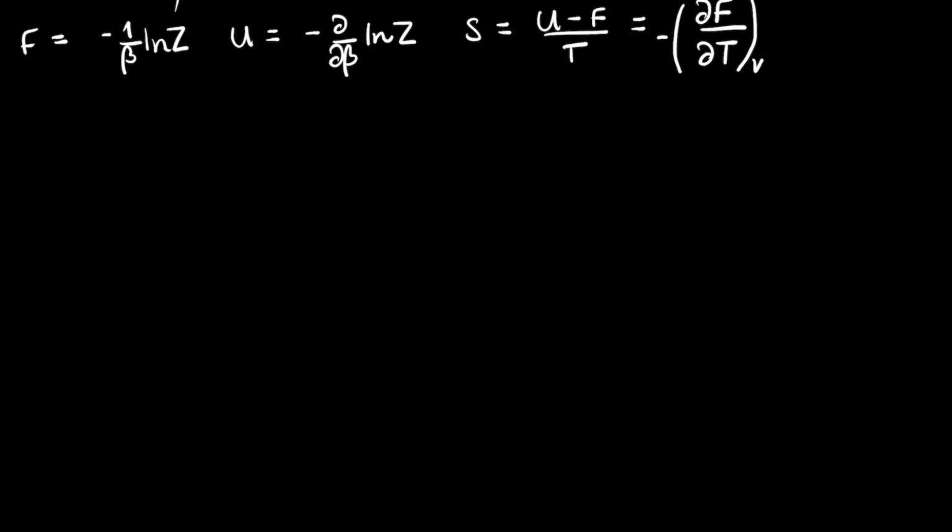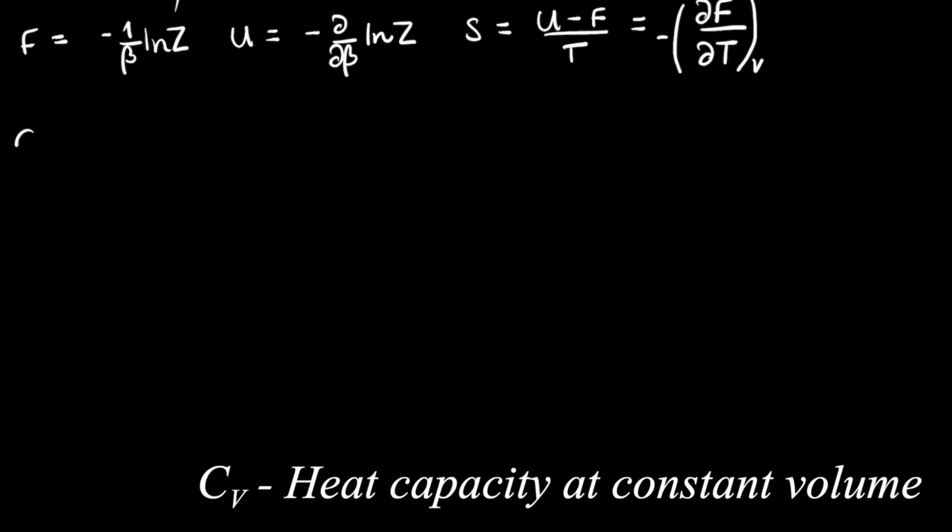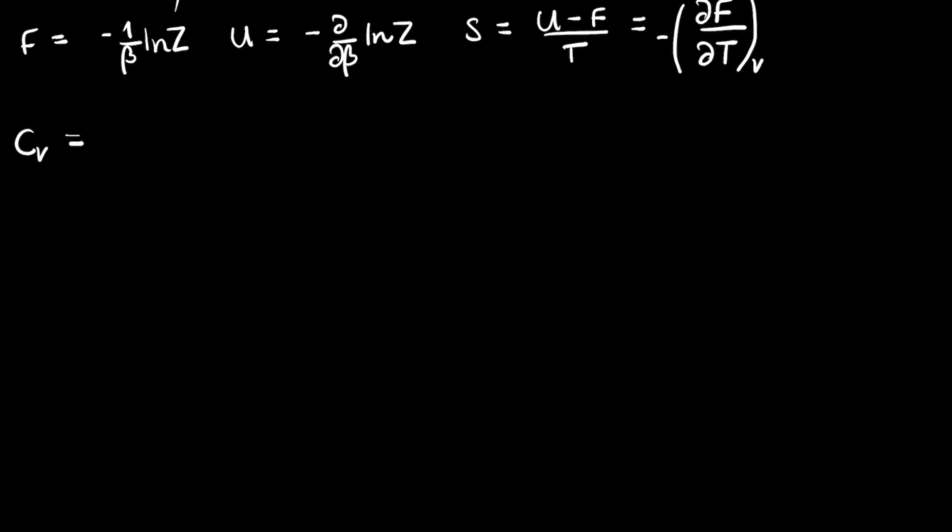So let's take an example. Let's say we want to work out what the heat capacity at constant volume is. How do we get that from Z, the partition function? Well, we know that CV is simply the derivative of the internal energy with respect to temperature, keeping the volume constant.